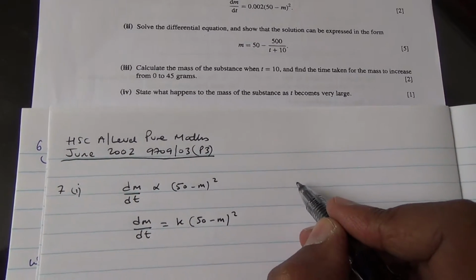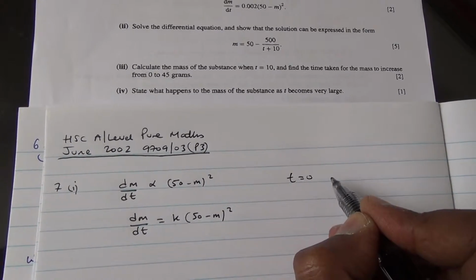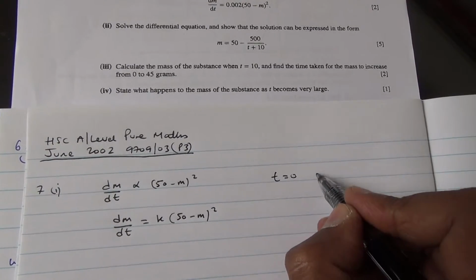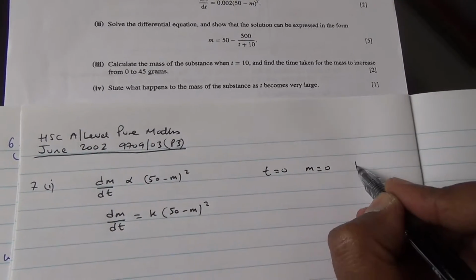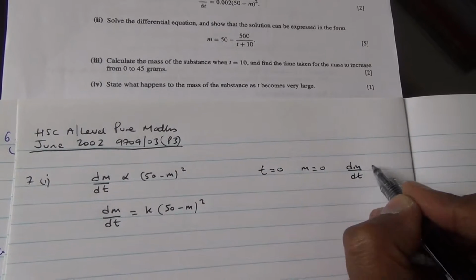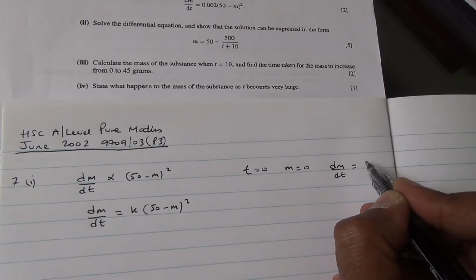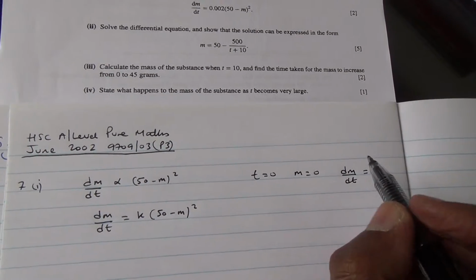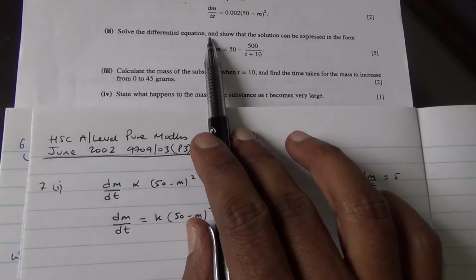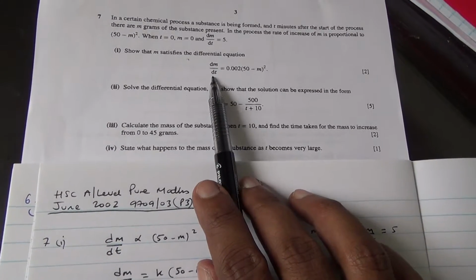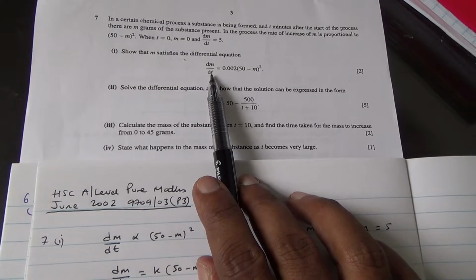We are given that when t is equal to 0 and m is equal to 0, dm over dt is equal to 5, and we need to show that it reduces to this.